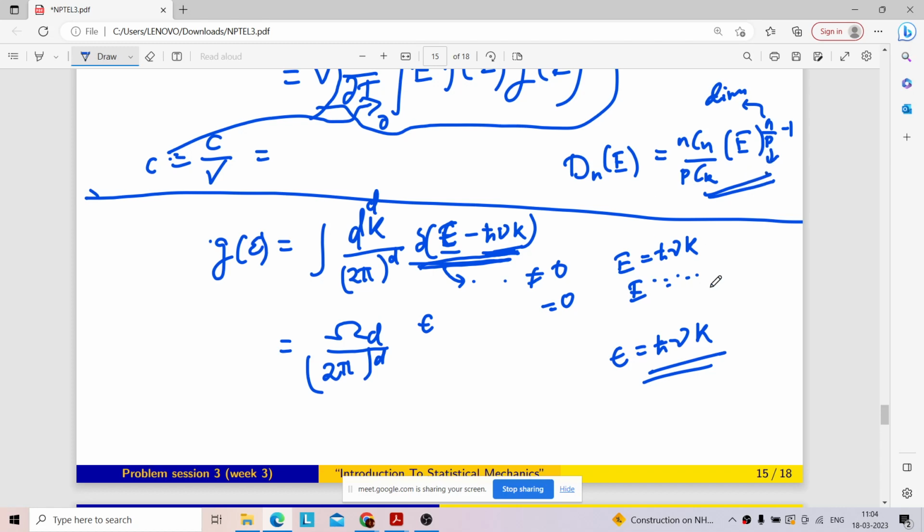We see our dispersion relation is linear, so p will be 1. I am denoting n as d for this problem, so we will have epsilon to the power d minus 1, and the constant C also we have.